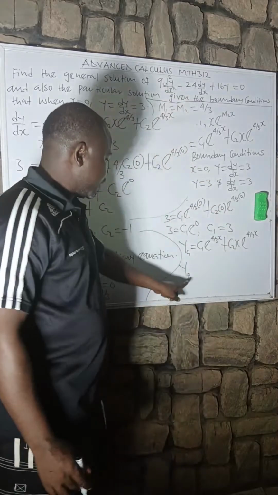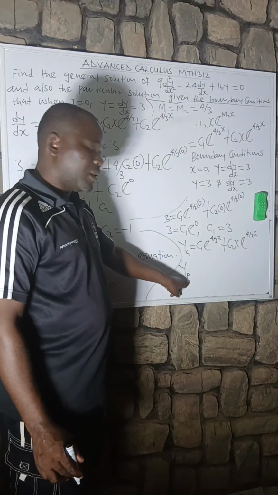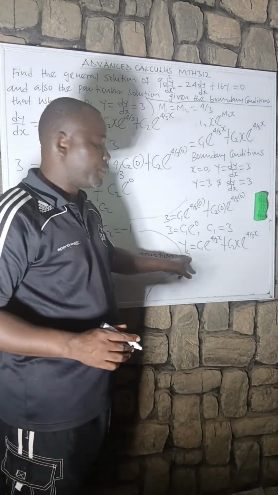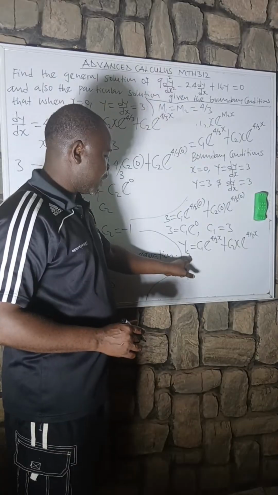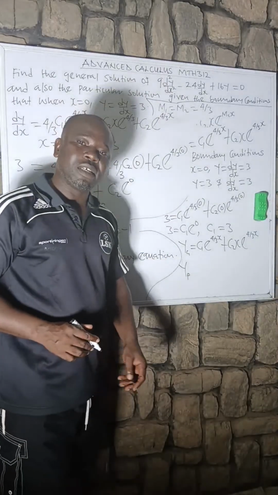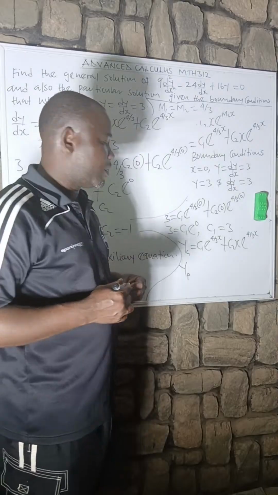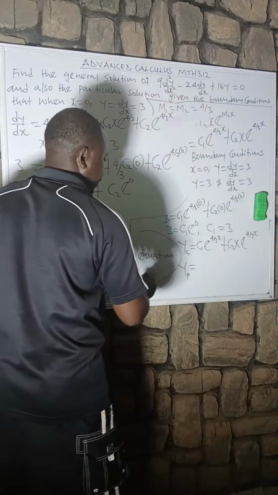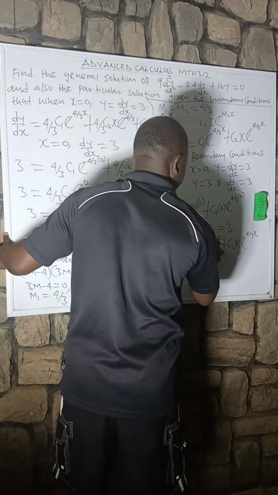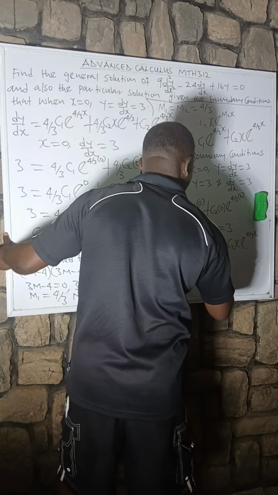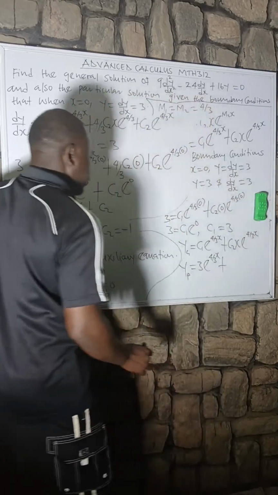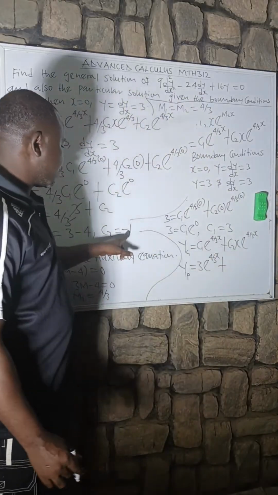So therefore, our particular solution is Yp. This subscript P means particular solution. Subscript G means general solution. Take note, should in case you see things like this in any textbook, as long as differential equation is concerned. So here will now be, what is our C1? C1 is 3. So we are going to write 3 exponential 4 all over 3x plus, but C2 is equals to minus 1.